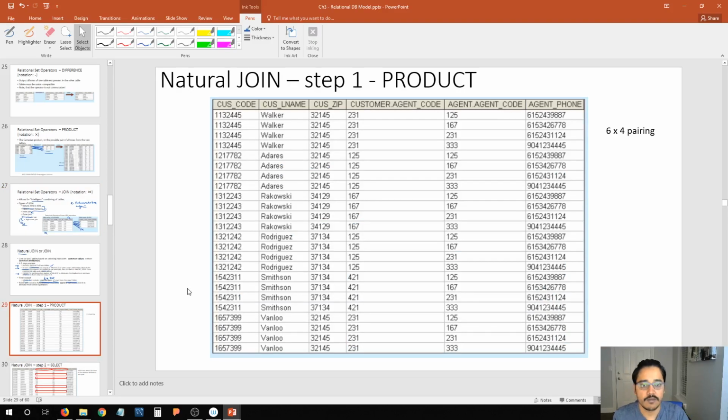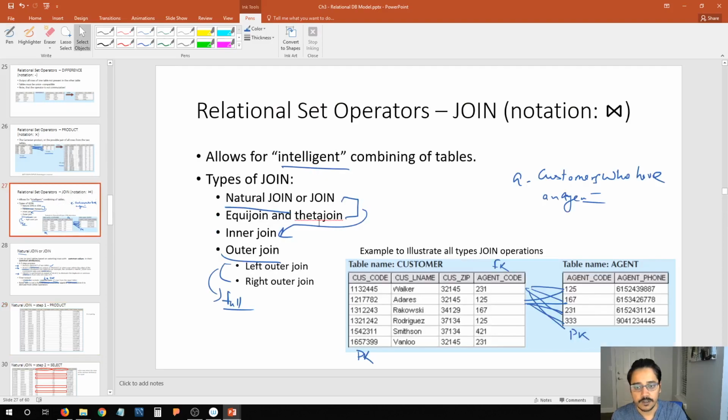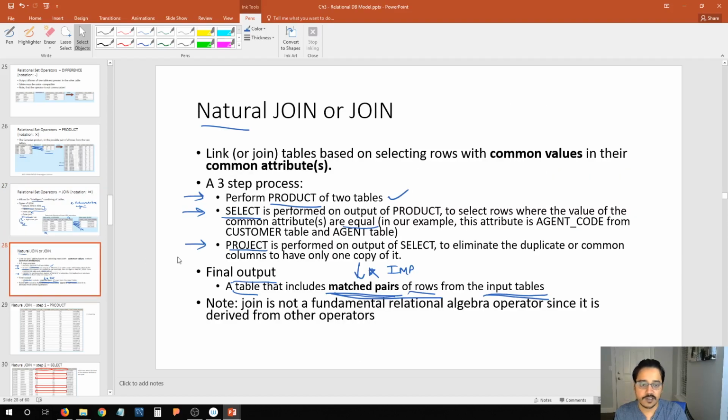So here we have Walker being paired up with all the agents. So now as you can see here, since this column, the agent code, was present in the customer table, and the agent code was also present in the agent table, this is where this equality of the common attributes is coming from.